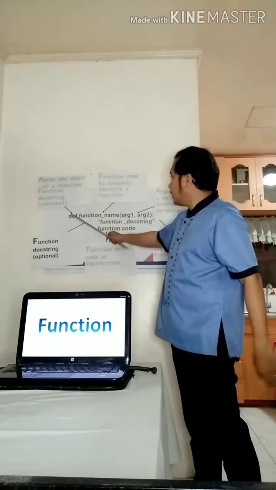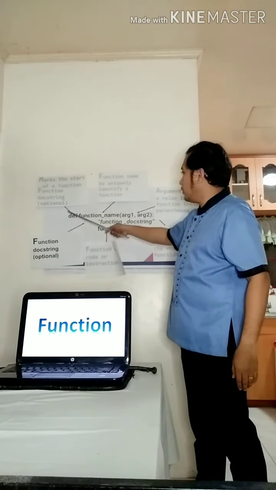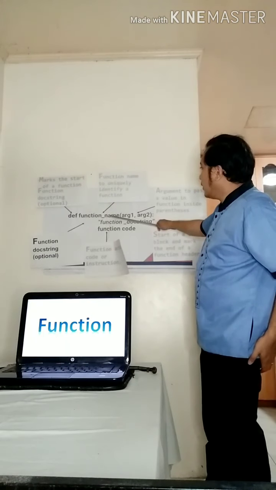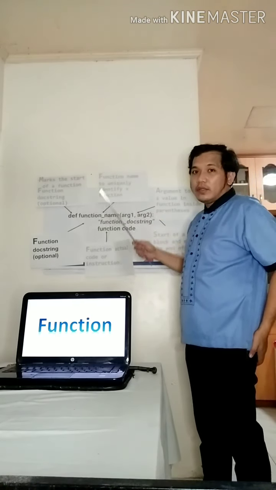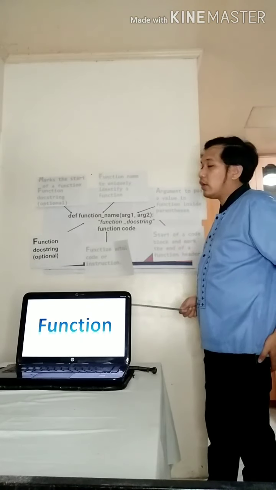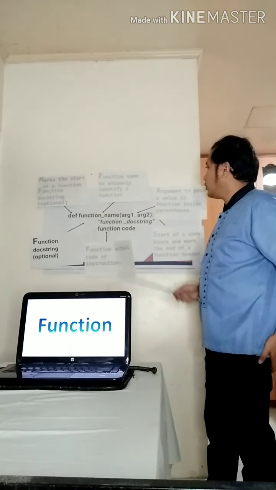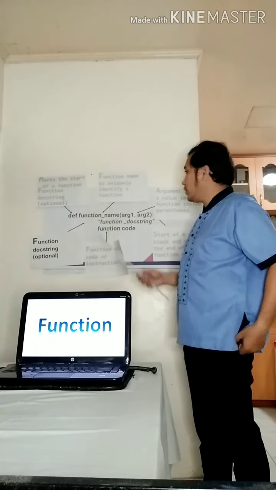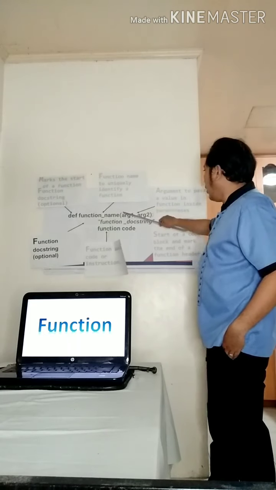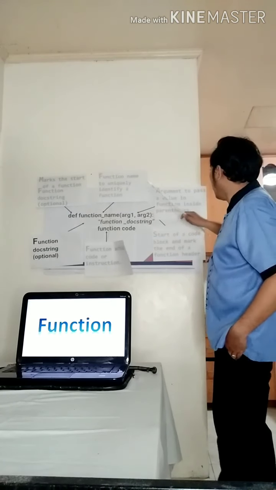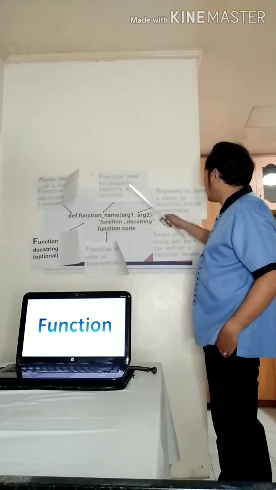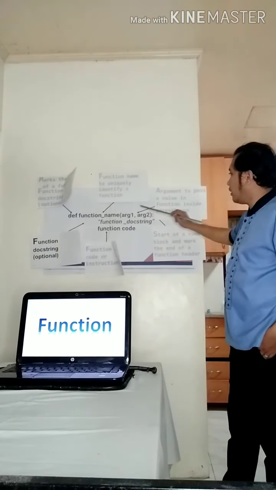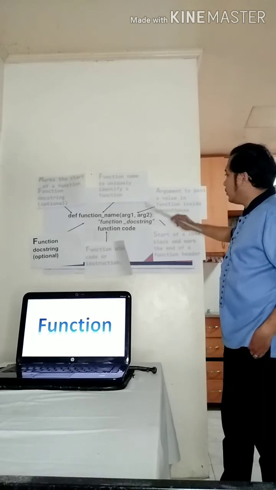So def marks the start of our function, followed by the function name. We, the programmers or users, are the ones who determine our function's name. Then followed by the open and close parentheses, with arguments or parameters, which are the values inside it.